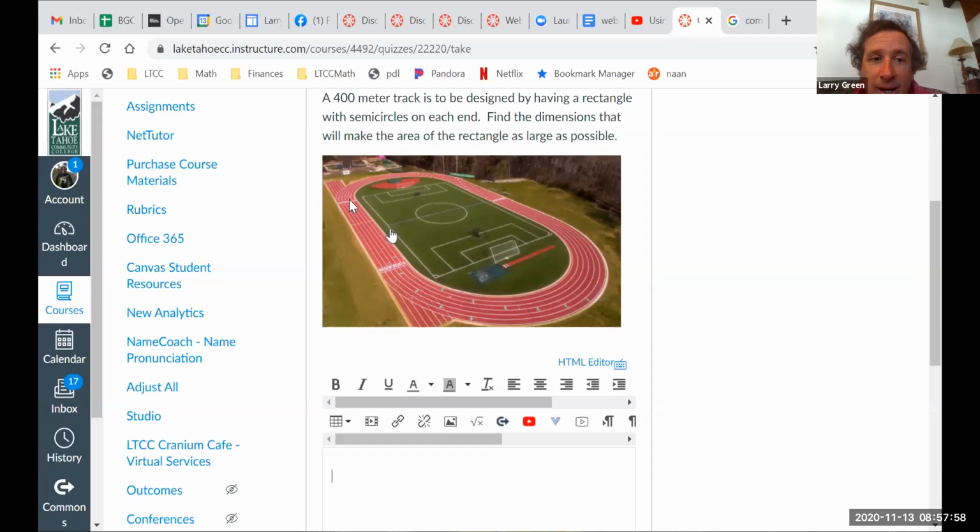So let's do the perimeter. Well, let's start with the easy part, and that is this guy and this guy are both X. So part of the perimeter is 2X. So let's write down perimeter equals 2X. But then we also have to go around a semicircle.